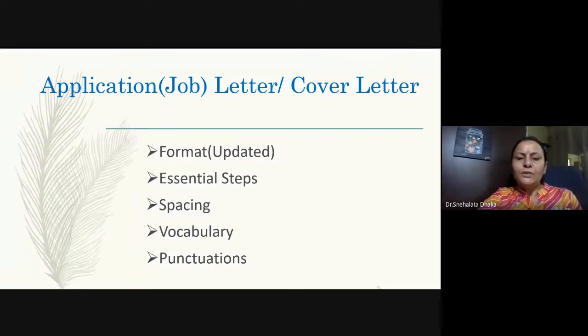Just to make you recall, the receiver's information should be there, the sender's information should be there. The purpose of writing that application has to be clearly described in that letter. So all these basic essential steps should be there in that letter, with clarity and effectivity. That also one has to take care of.